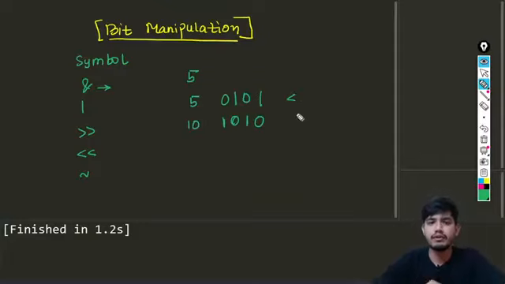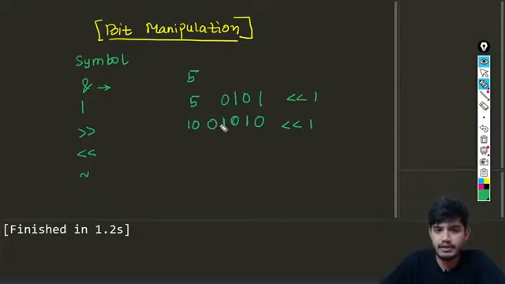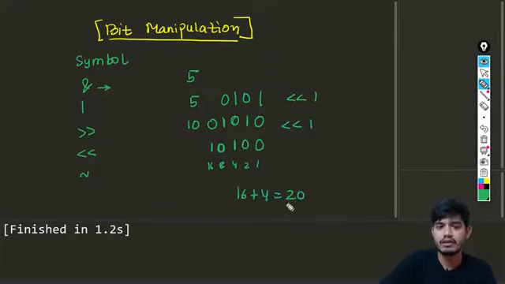Now suppose I again move all the bits to the left by 1 position. So I'm going to write it like this. What is this value? This value is nothing but 16 plus 4, which is 20. So you can see we have 5.